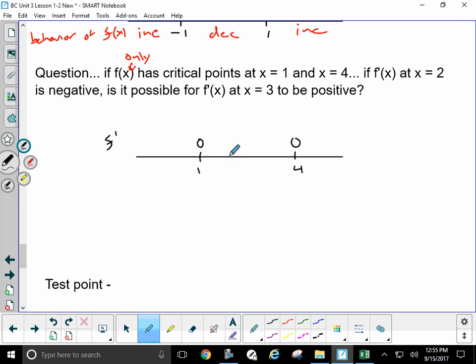If f prime at 2 is negative, is it possible for f prime of 3 to be positive? Discuss that with your neighbors.